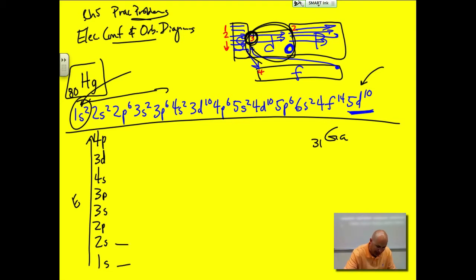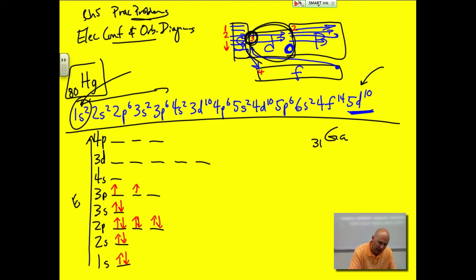The 1s, 2s, 3s, 4s all have one dash, only one orbital. P's all have 3, so the 2p, 3p, and 4p all have 3 orbitals. The D has 5. And now I can just fill in my arrows, counting up to 18.